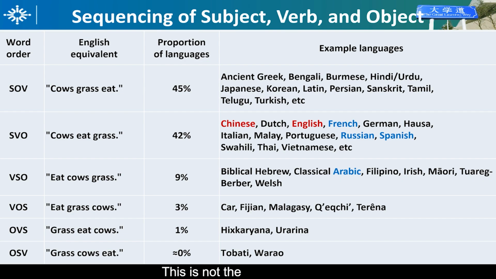This is not the most frequent order in the world. Actually, 45% of human languages put the sequence as SOV, while Chinese belongs to the SVO category, similar to English, French, Russian, Spanish, and some other major languages in this world.